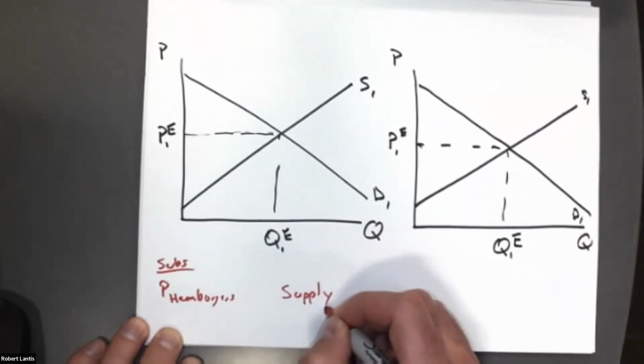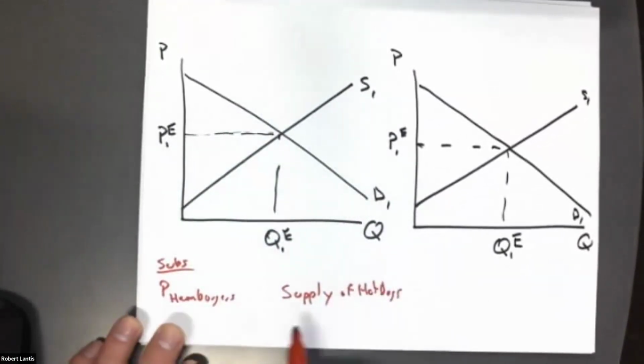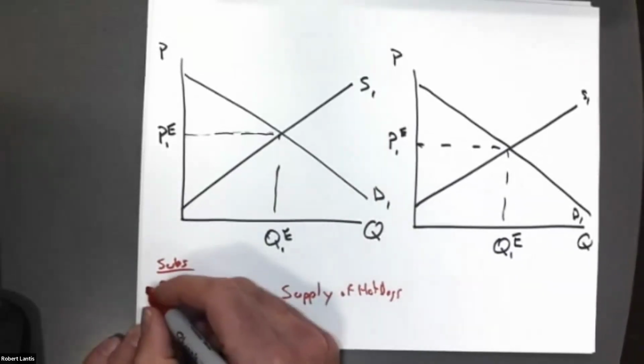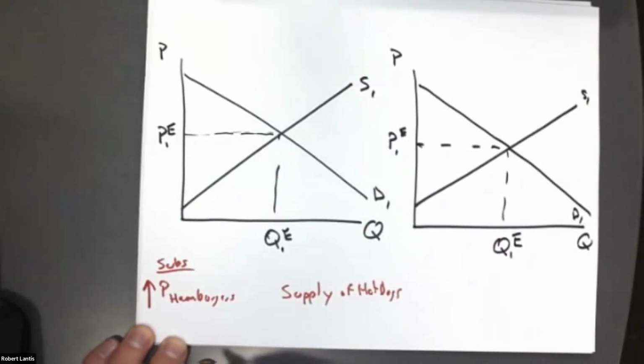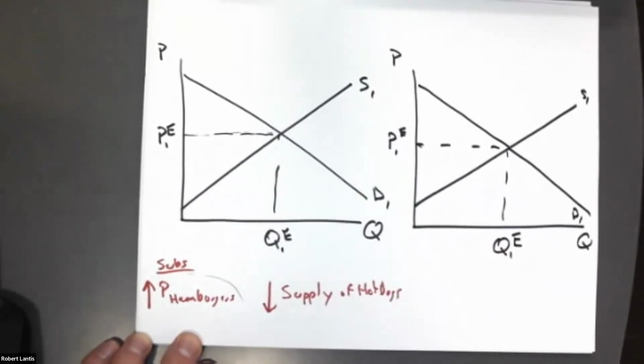So here I've got substitutes in production. I can either use my kitchen to make hamburgers and sell them or use it to make hot dogs. If the price of hamburgers goes up, what am I going to be more likely to want to produce? The thing that has a higher price.